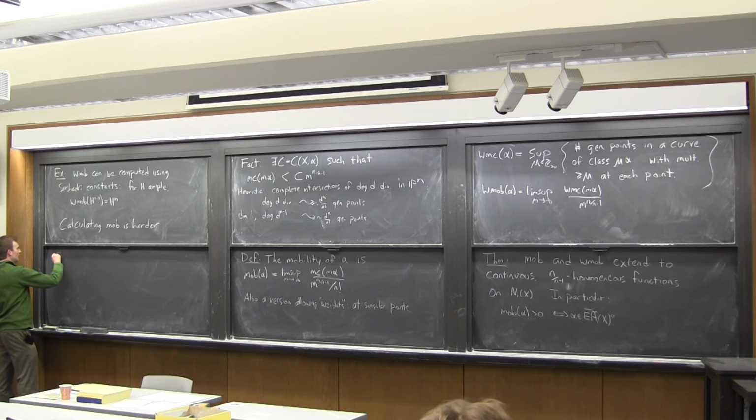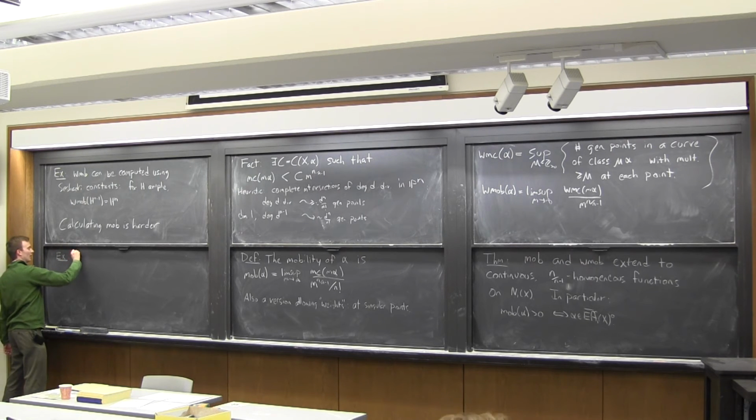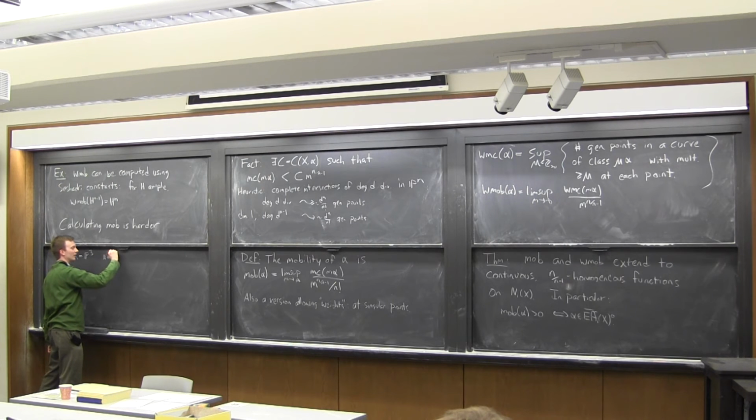So let's do the first example, which is P3, and alpha is the class of a line. Let's ask, what is the mobility of the line class on P3?